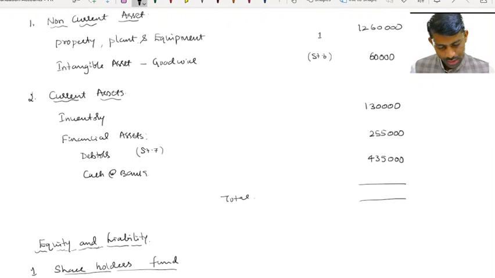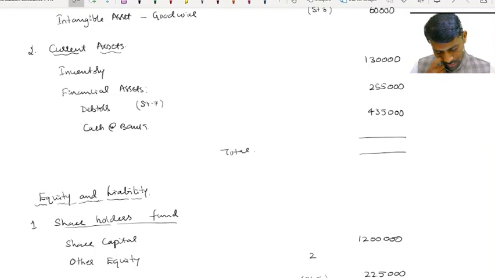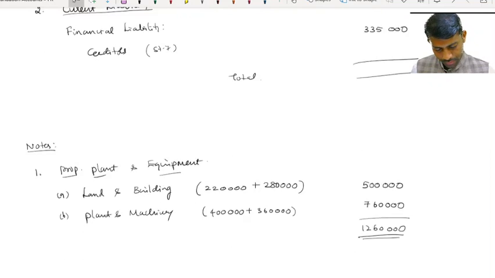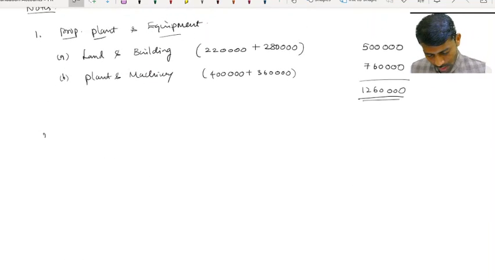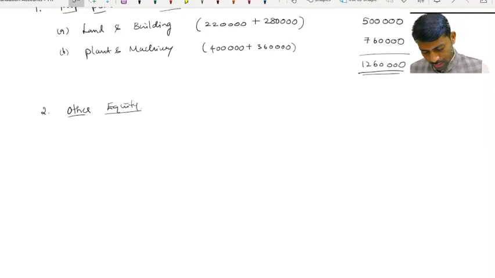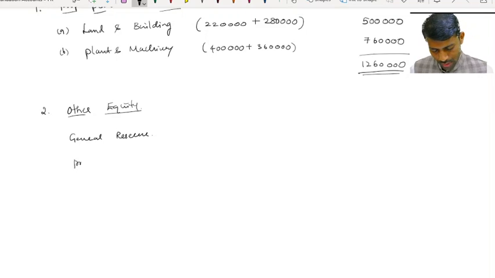Then note 2 is other equity. Under that, first one is general reserve, and then profit and loss account. Both are from step number 8.